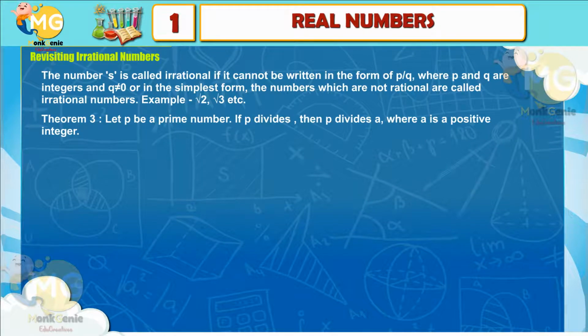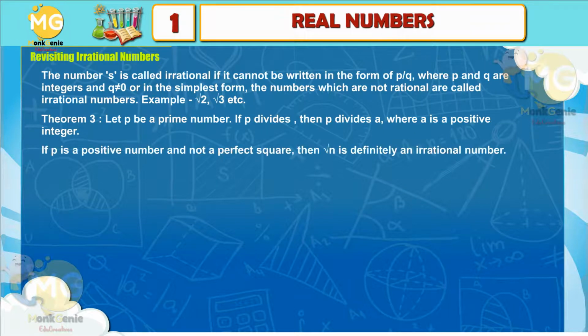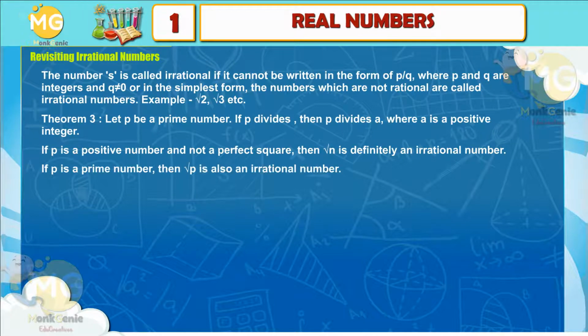Let p be a prime number. If p divides a square, then p divides a, where a is a positive integer. If n is a positive number and not a perfect square, then under root n is definitely an irrational number. If p is a prime number, then under root p is also an irrational number.